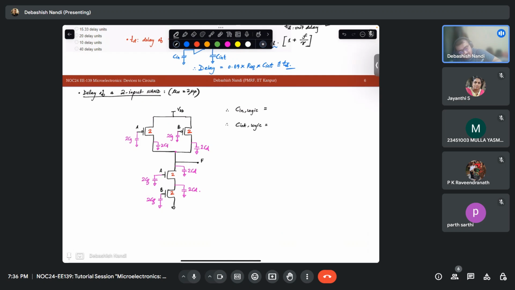C in, obviously we have earlier also seen, is 4Cg, right? But what about C internal of logic? This is the node, right? So please see and tell me what is the value of capacitance at this node.